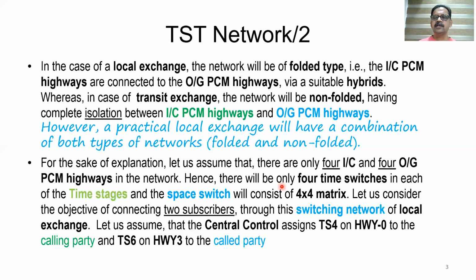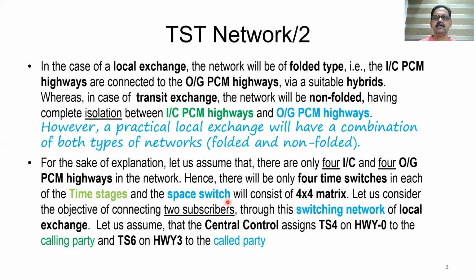Hence, there will be only four time switches in each of the time stages. So in the time stages you will have four time switches because the number of inputs is n PCMs, where n is equal to 4.